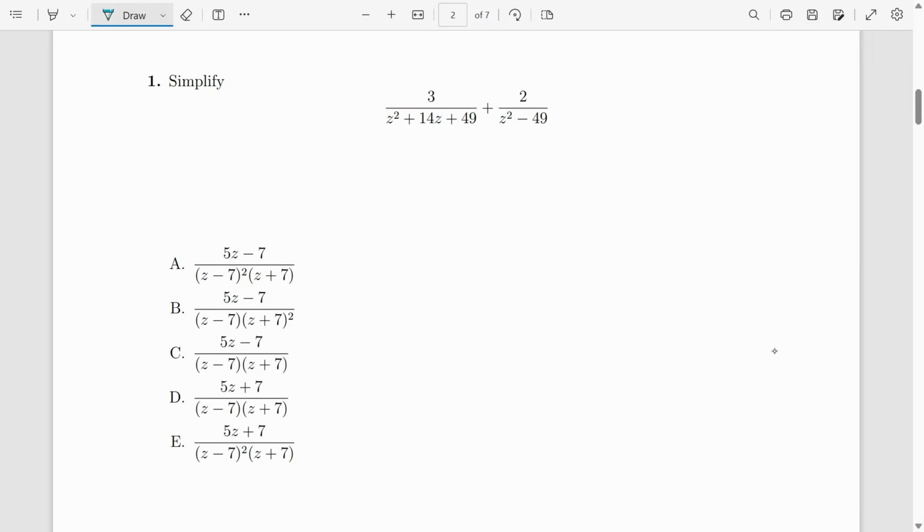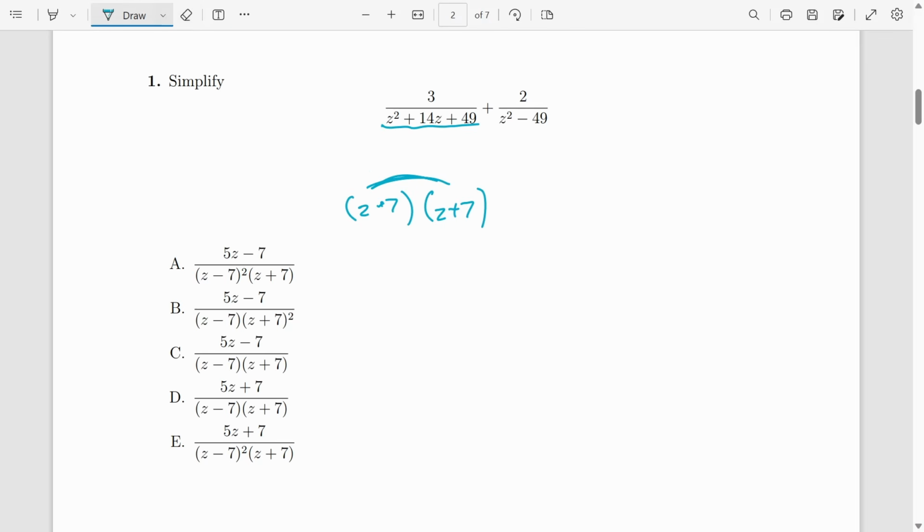So let's go ahead and write out what I just said. This left one here, z squared plus 14z plus 49, I believe is going to factor out to z plus 7 squared. I'm actually going to expand that out to z plus 7 times z plus 7. If you were to FOIL this back out, if you were to multiply these two terms together, you would get back to that.